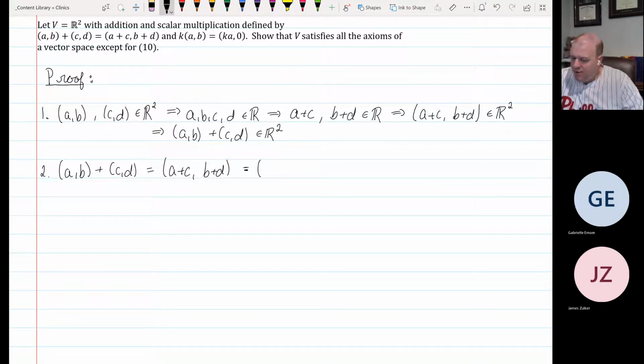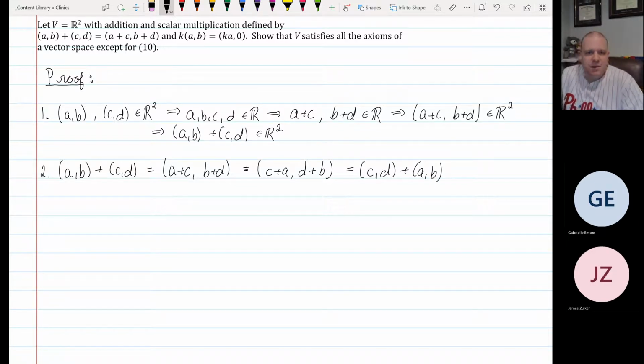A, B, C, D are all real numbers, and we know that addition of real numbers is commutative. So A plus C is C plus A, and B plus D is D plus B. And then by definition of addition, that is (C, D) plus (A, B). So addition is commutative.